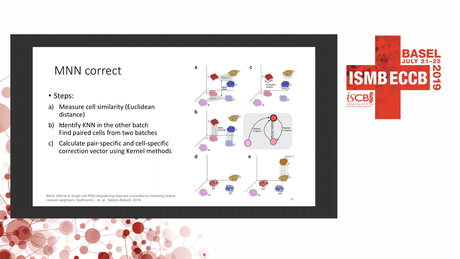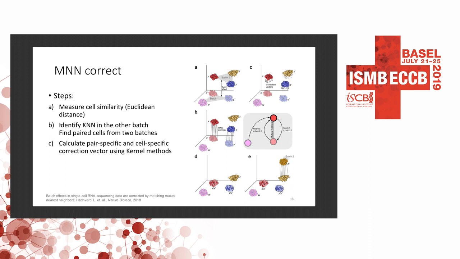But I said earlier that there can be different cell types in different batches. So their idea is that I just try to align the cells that I'm sure are pairs. They find the pairs by nearest neighbors.